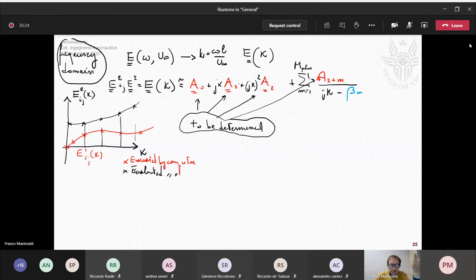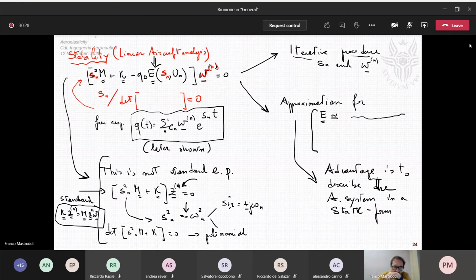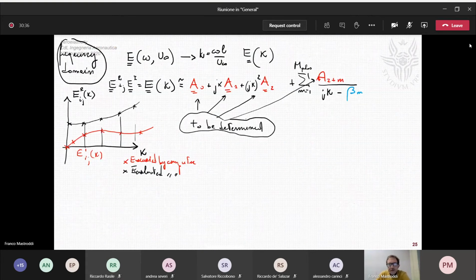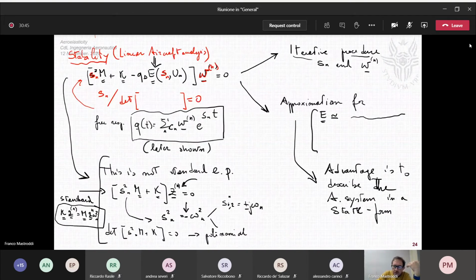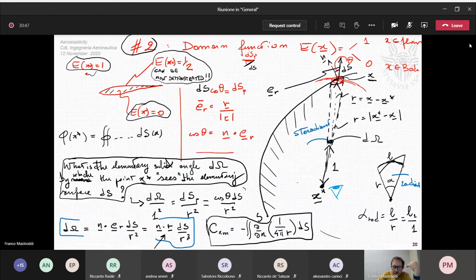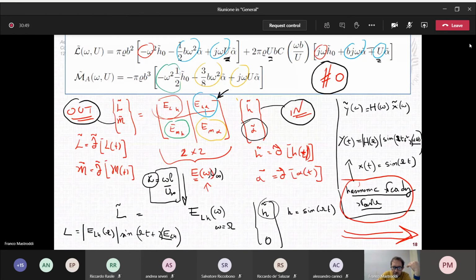So when you apply this aerodynamic matrix to a state space variable, you should have the zero, first, and second derivative of the state space vector. So this part is associated to the quadratic part, or non-circulatory part, of our aerodynamic matrix.